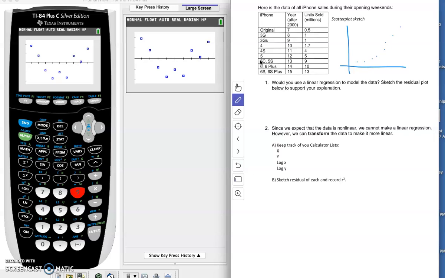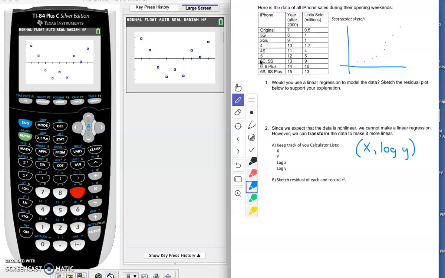Your textbook and the other video I've posted on Schoology go through a lot of different ways. On the AP exam, most likely you'll just have to interpret a model. But if you would be asked, I'm going to show you three ways to re-express your data. Really what I'm going to have you do is compare x versus the log of y.